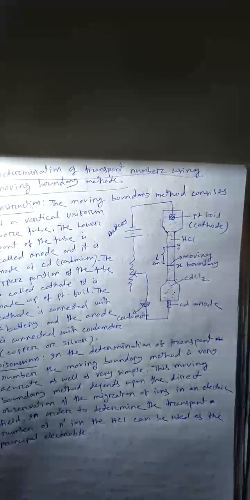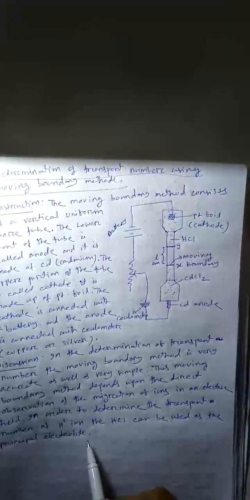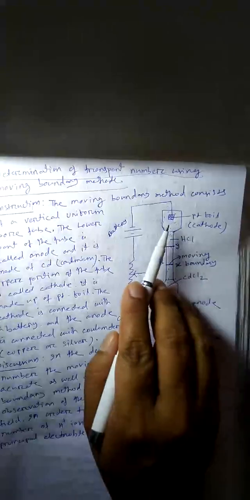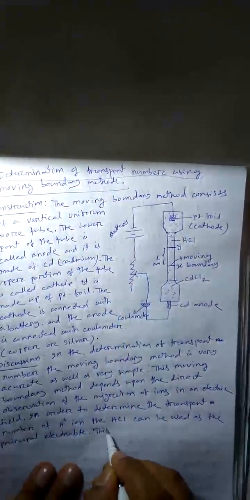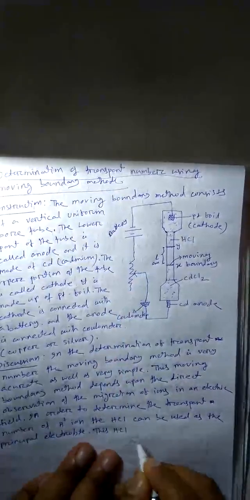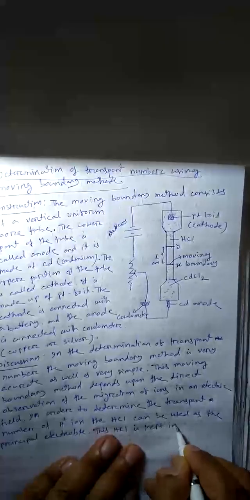So in order to determine the transport number of proton, the HCl can be used as the principal electrolyte, and this HCl is kept in the cathode.